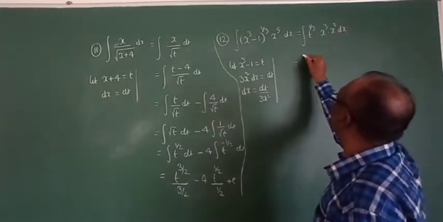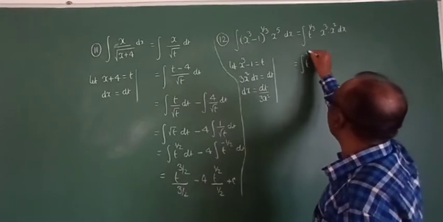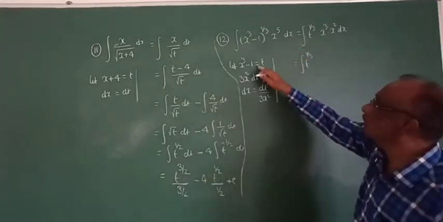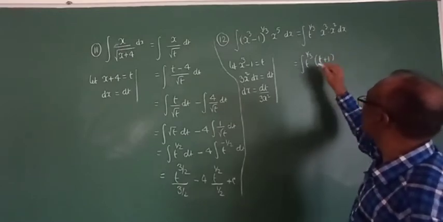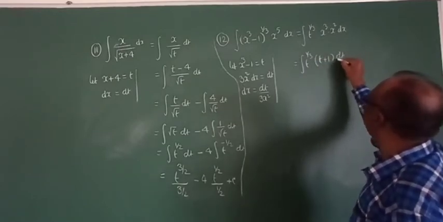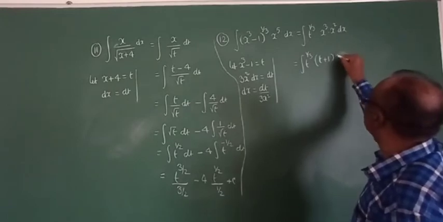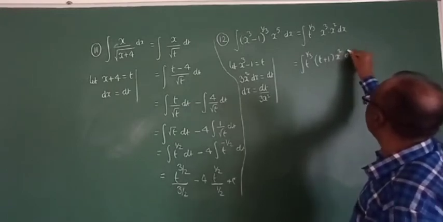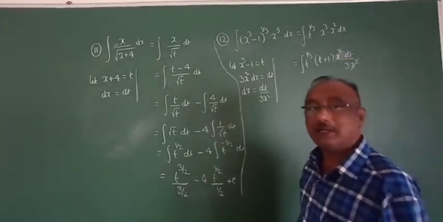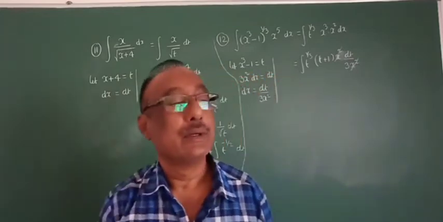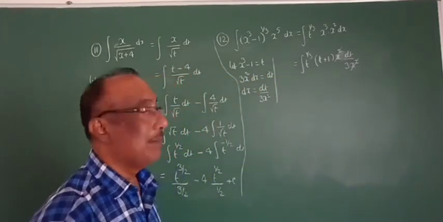Integral of t power of 1 by 3, x cube means t plus 1, dx means dt by 3x square. The x square both should be cancelled. Now multiply and do the problem.